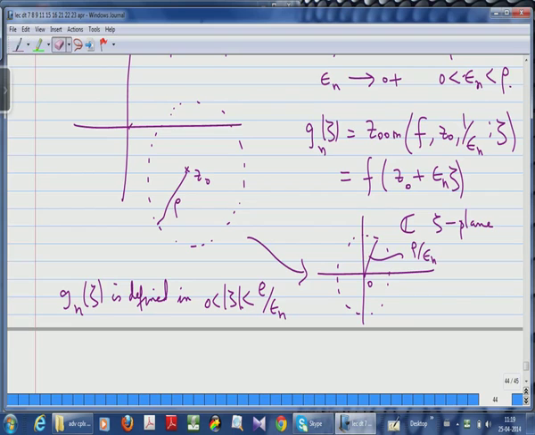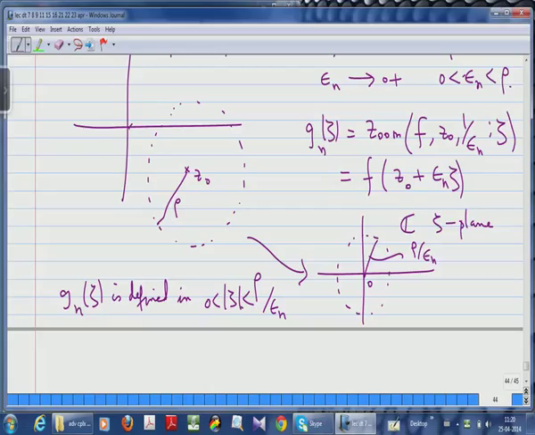And of course, the point about this whole business is that since epsilon n tends to 0 plus, rho by epsilon n tends to infinity, and therefore you can talk about convergence or normal convergence of Gn of zeta on the whole plane except the origin, because eventually any compact subset of the punctured plane which does not contain the origin is going to be contained in the domain of Gn of zeta for n sufficiently large.